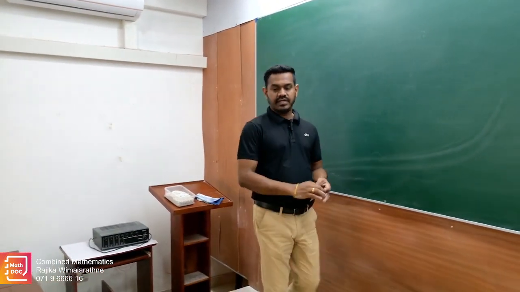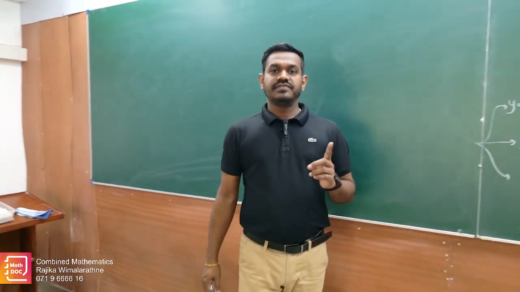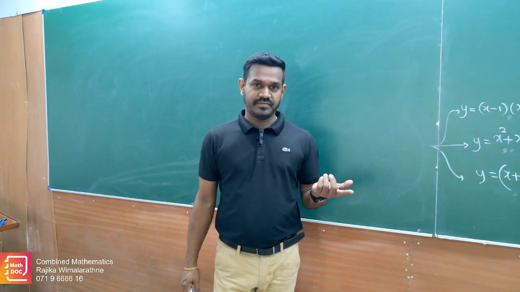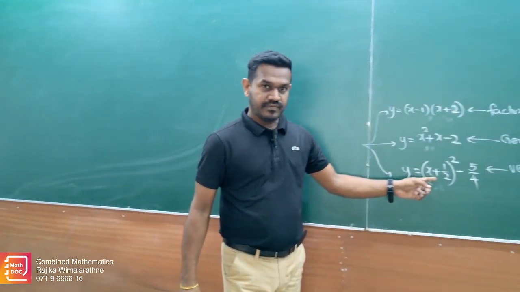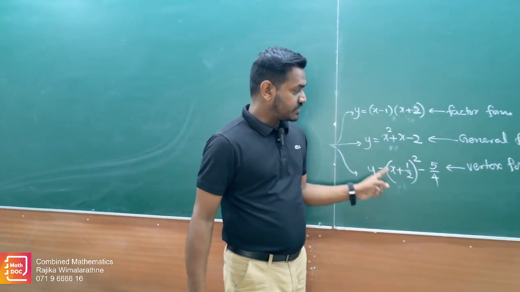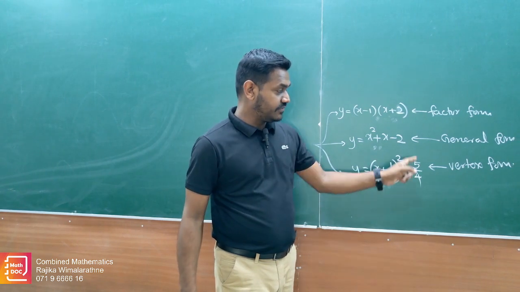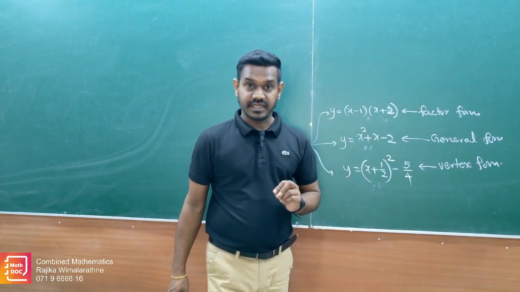Okay, now here you need to remember: x squared coefficient positive means minimum shape, x squared coefficient negative means maximum shape. Now if you have vertex form, you need to consider the perfect square zero value first. Then when this is zero, the corresponding y value is this. So that will be the vertex.